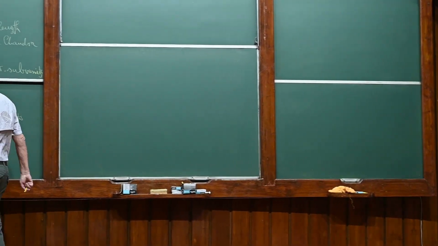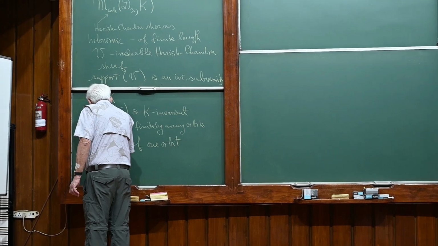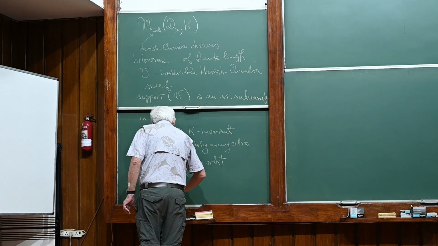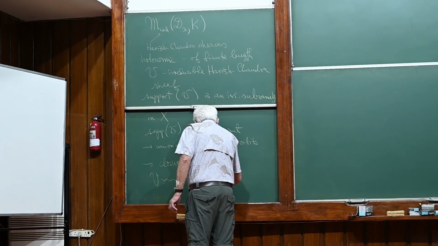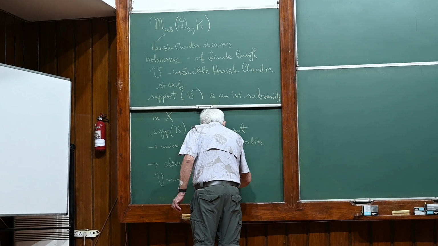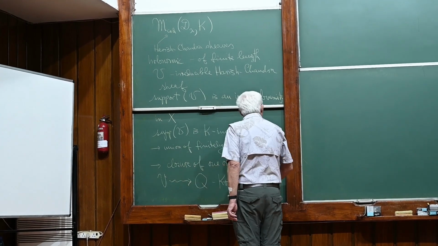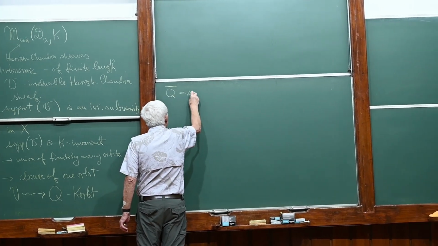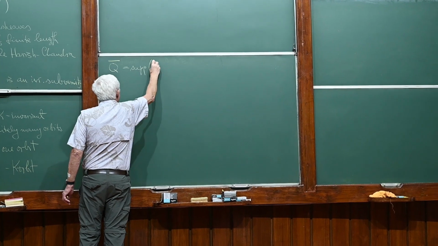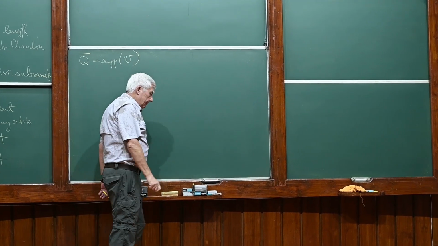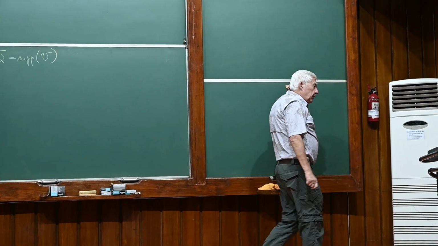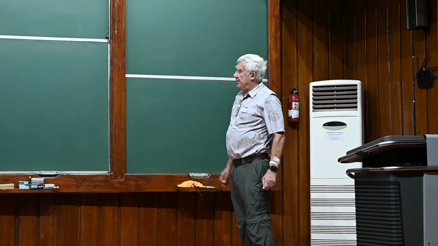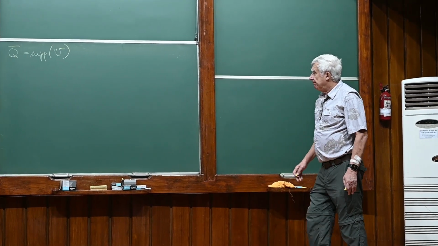So, to our V, we attach the first invariant. This is Q, which is a K-orbit such that the closure of Q is the support of V. So what else do we need to describe V precisely?